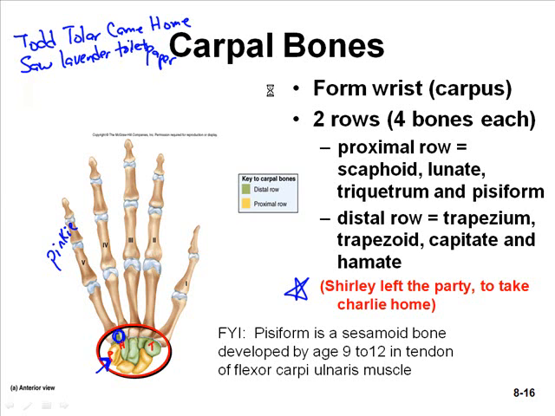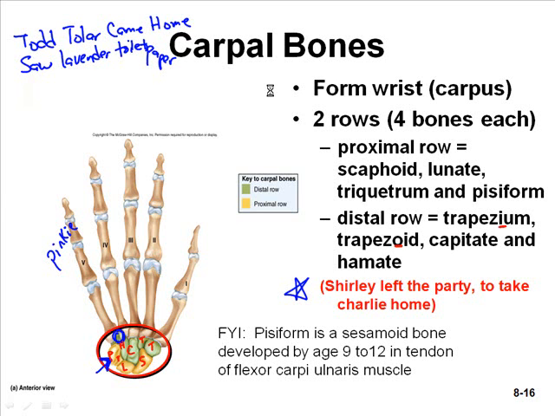So again, you have Todd Toller came home, and then saw lavender toilet, and then paper. Or if you Shirley left the party to take Charlie home. Notice that on your distal row you have the trapezium, then the trapezoid. So you have to put those in alphabetical order. So you have to go all the way to the I and the O to see which one comes first.